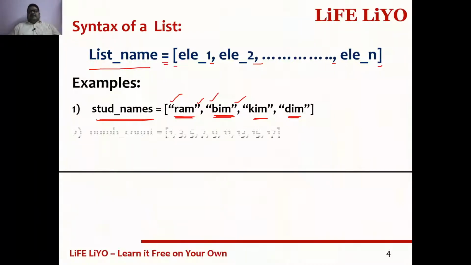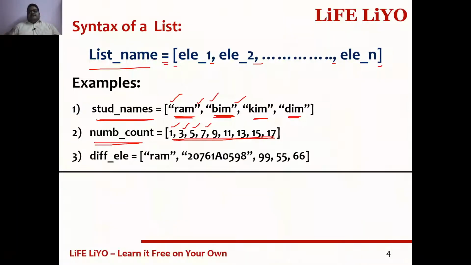This is one way. Next one, number count. Here all the things are considered integers, because every number has been written separately and not kept inside quotation marks. If you do not keep them in quotation marks, they are considered integers.